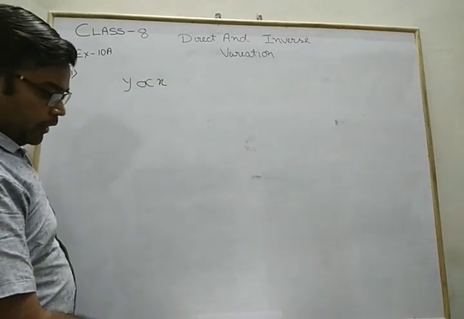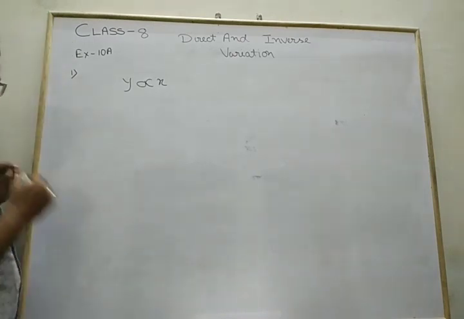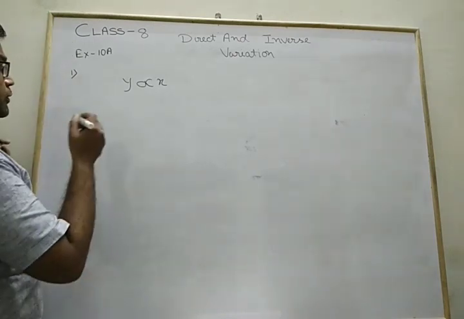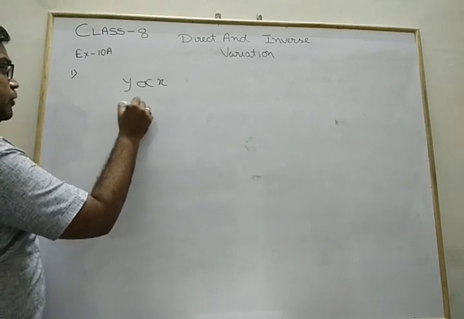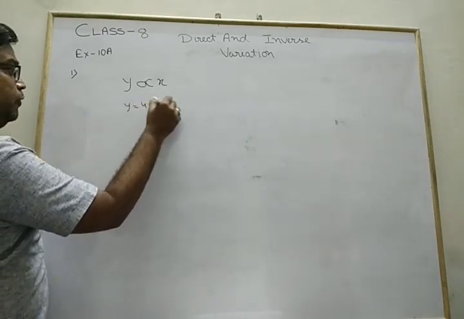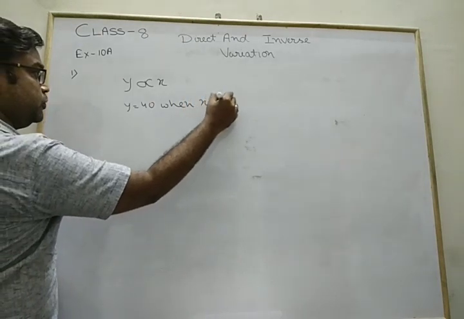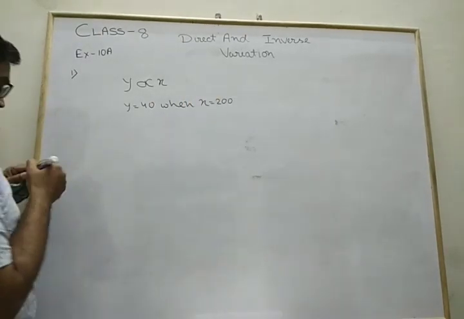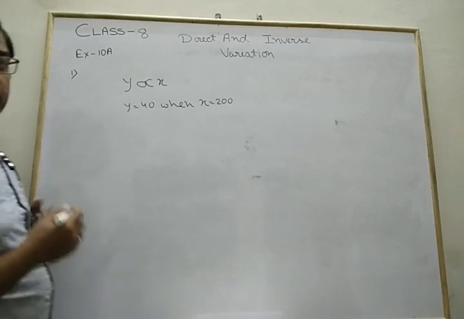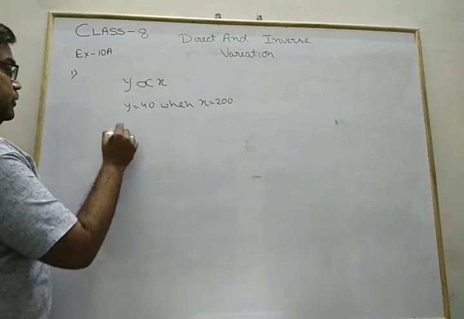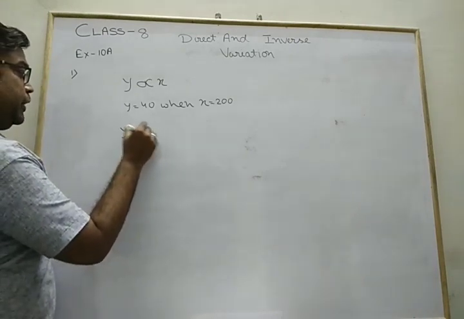Then, y equals 40 when x equals 200. So from the variation sign, what we know is that we can write y equals kx, where k is a constant.